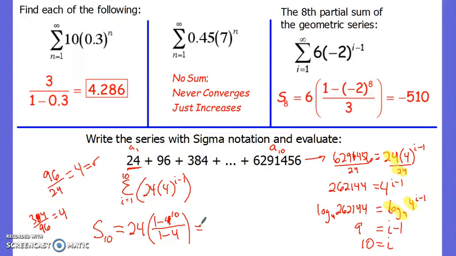I would put parentheses around your numerator, as well as around your denominator, although you could just say the denominator technically is negative 3. You will come out to 8,388,600, and that will be our overall summation.